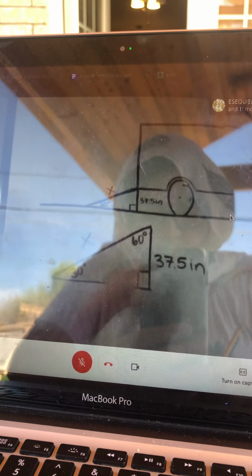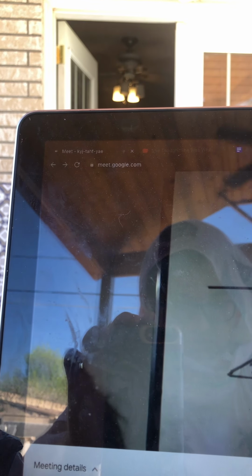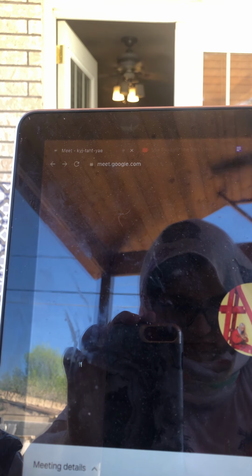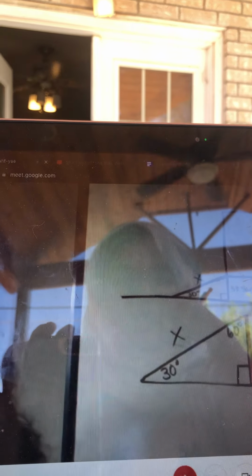This is short leg, long leg, or hypotenuse? The short leg. And what is X? Is it the longer leg or the hypotenuse? X is the hypotenuse.